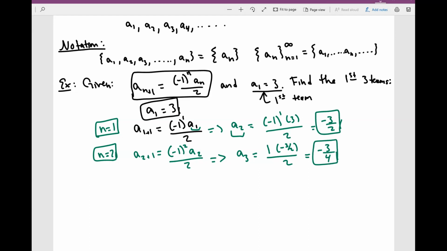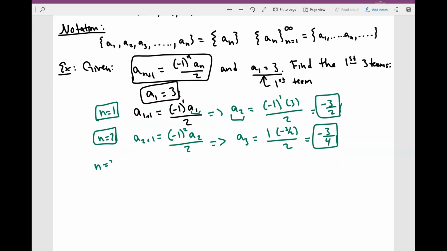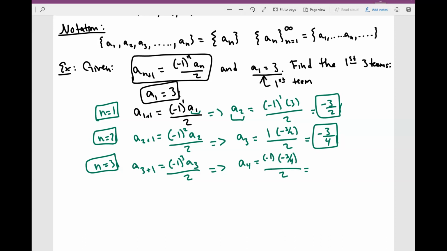Now let's see what happens when n equals 3. A3 plus 1 is equal to negative 1 to the third power, A3 divided by 2. Negative 1 to the third power gives me negative 1, so it gives me A4. A3 is negative 3/4, and then divided by 2, that's going to give me positive 3 over 8.